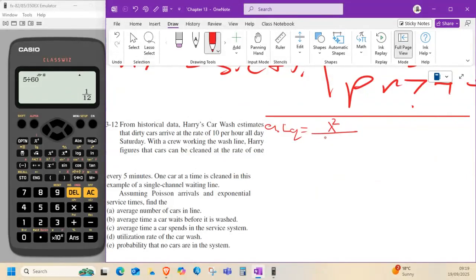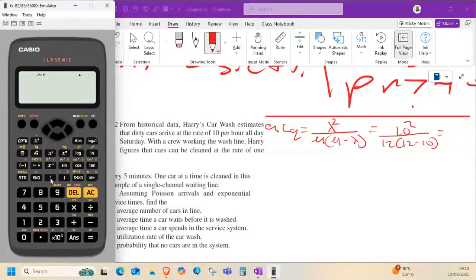Anyone who remembers, they will remember the formulas. The more we work with them, they stay. Then that is 10 as an arrival, and then that is 12 minus 10 equals 2.